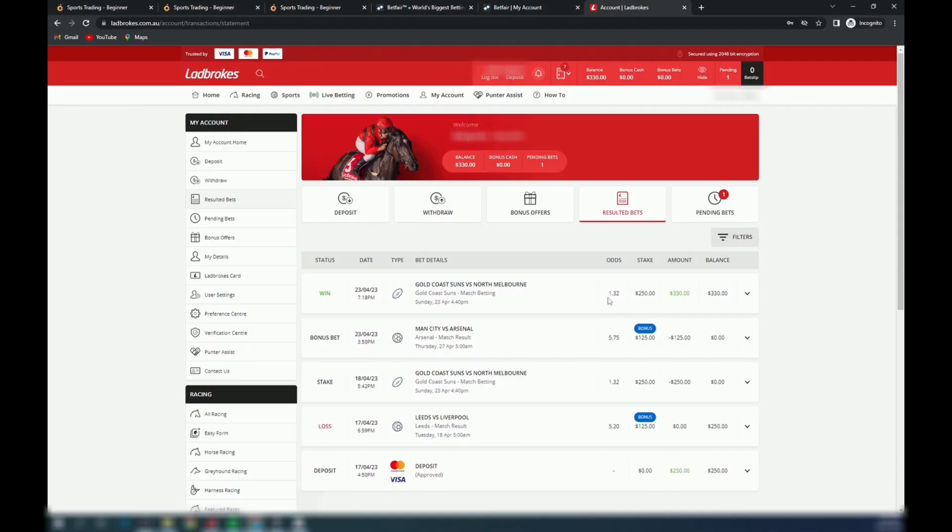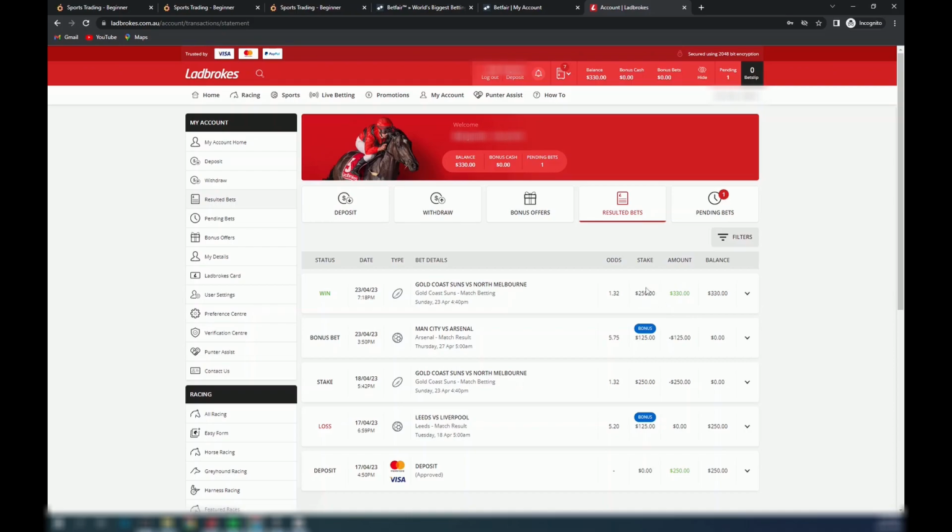So if we take a look at our bookmaker bet here first, we'll see that our bet won, first of all, and it says that we paid out $330. Now, in reality, the amount that we've won on our bookmaker side is not $330 because that amount includes the stake that we put up.